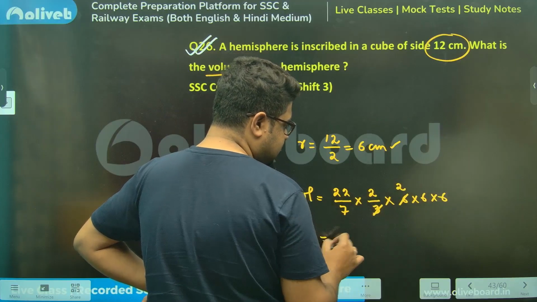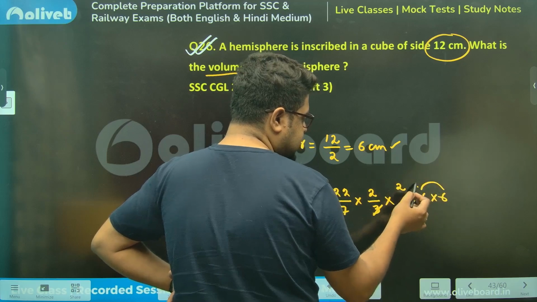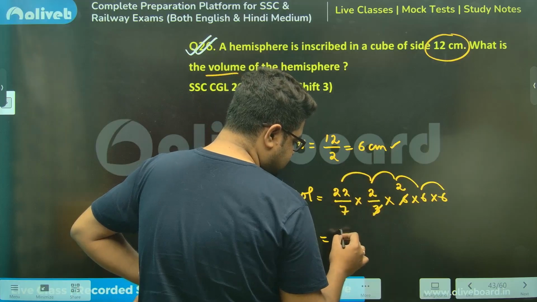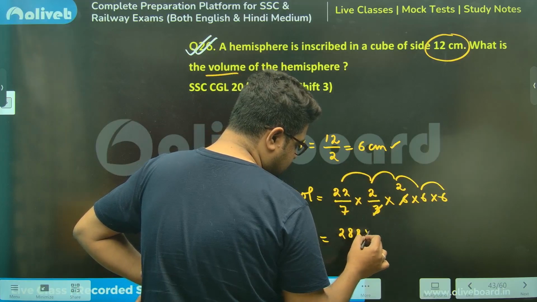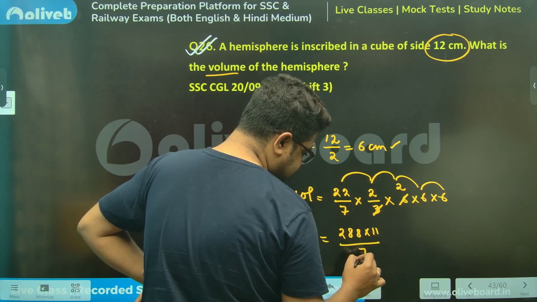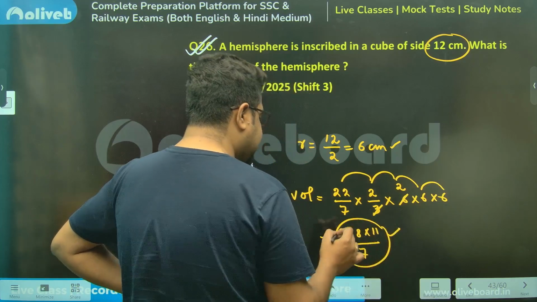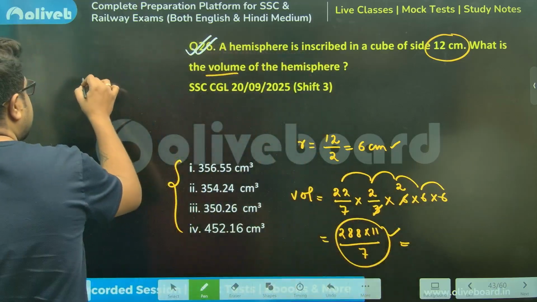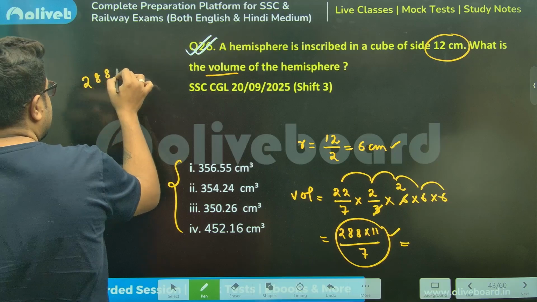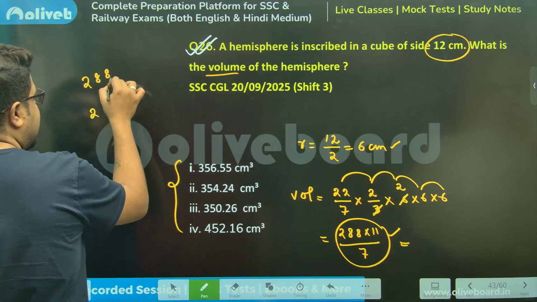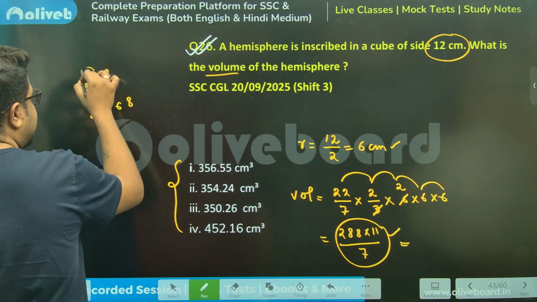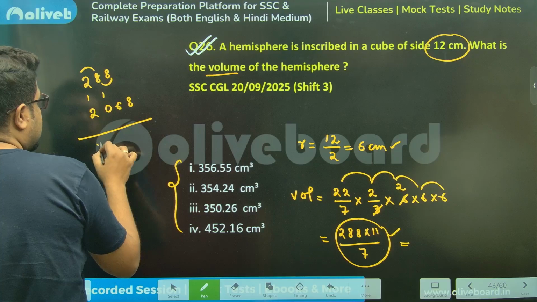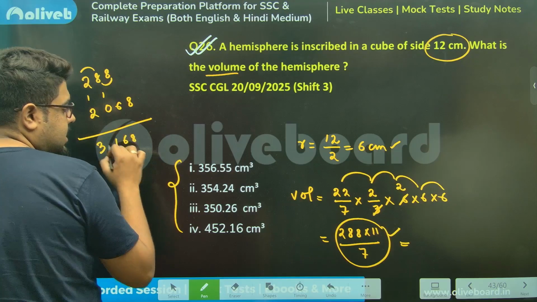So 36, 72, 144, 288 into 11 by 7. Why have I done this? Because 11 multiplication is a little easier to do. So 288 into 11: 2 and 8 you write, 8 plus 8, 16, 1 carry, 8 plus 2, 10, 1 carry. So 3168 by 7.